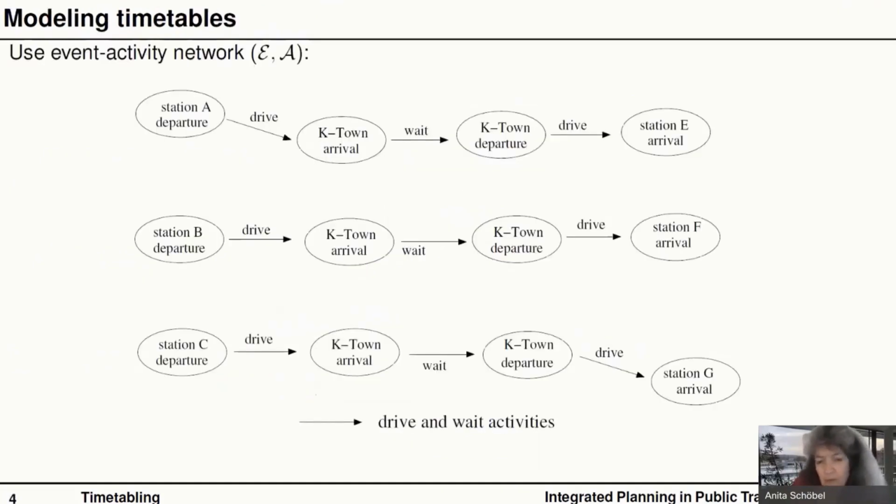So if we want to model a timetable, it is nice to use the event activity network that Alex has already shown you on Monday, where we have for each line several activities. Here we see one line, on the top, that goes from station A over station K to station E. And we have 4 events for this small segment.